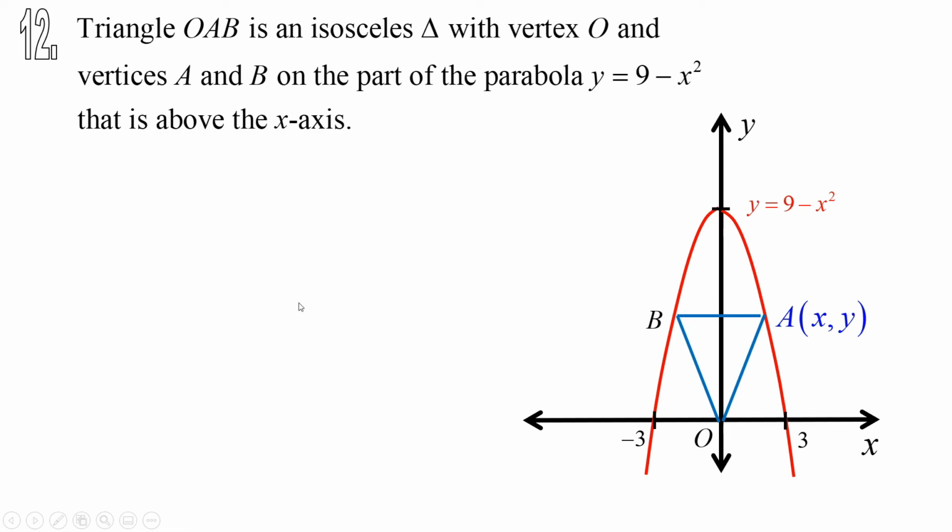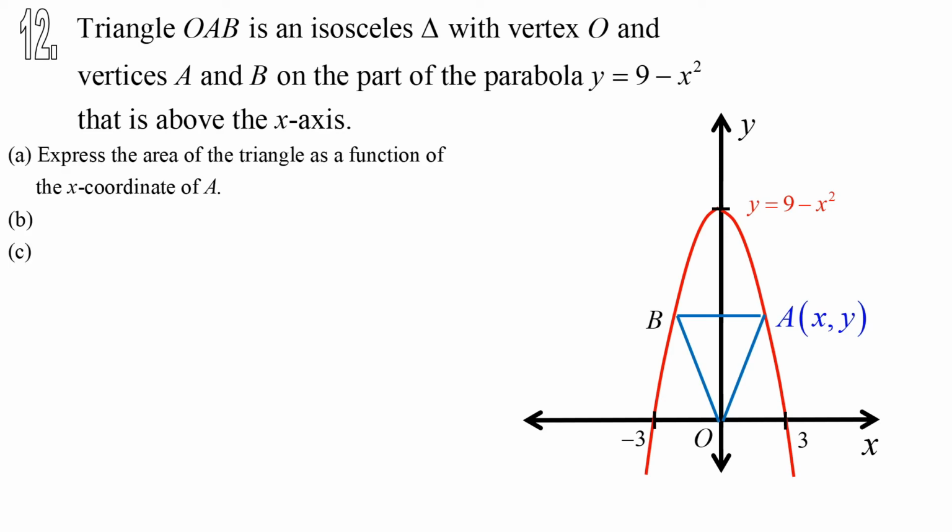Okay, that is above the x-axis. So what do they want us to do with this? Oh, here we go. Express the area of the triangle as a function of the x-coordinate of A. Well, let's start with basic. What do we know? Area of a triangle is the base times the height divided by 2.